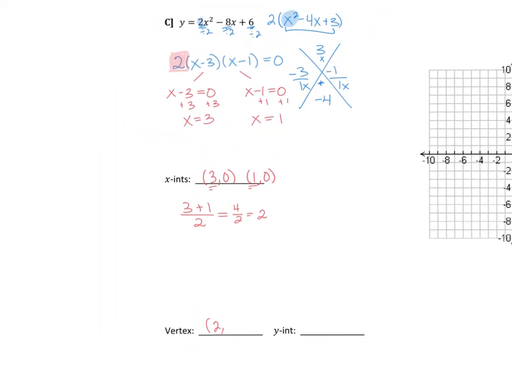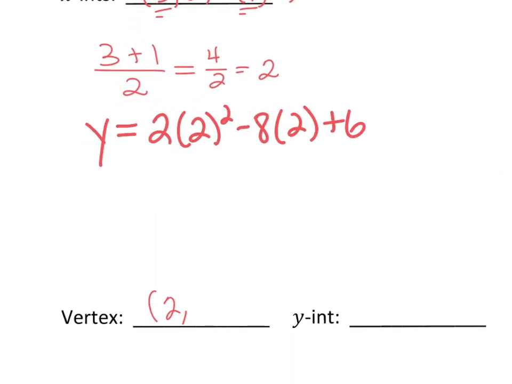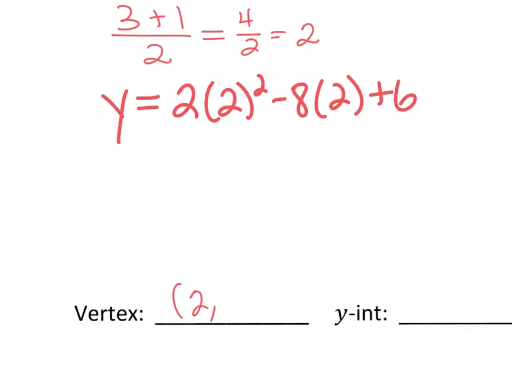So let's see, where y value is going to be 2 times 2 squared minus 8 times 2 plus 6. All right. Be very careful here with your order of operations. Exponents come first, so it's 2 times 4.